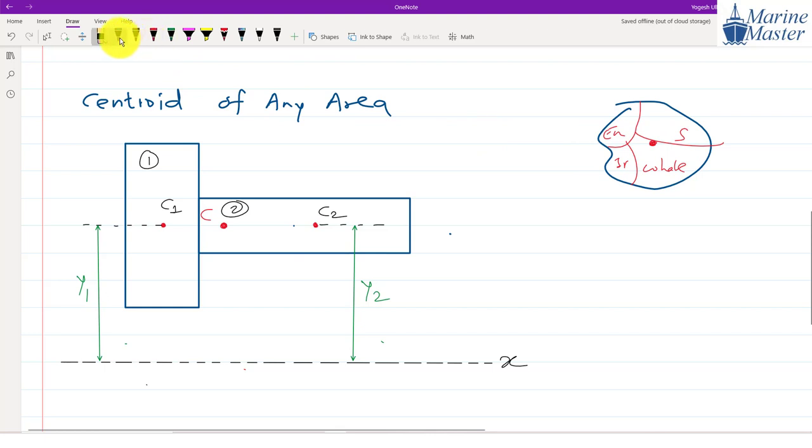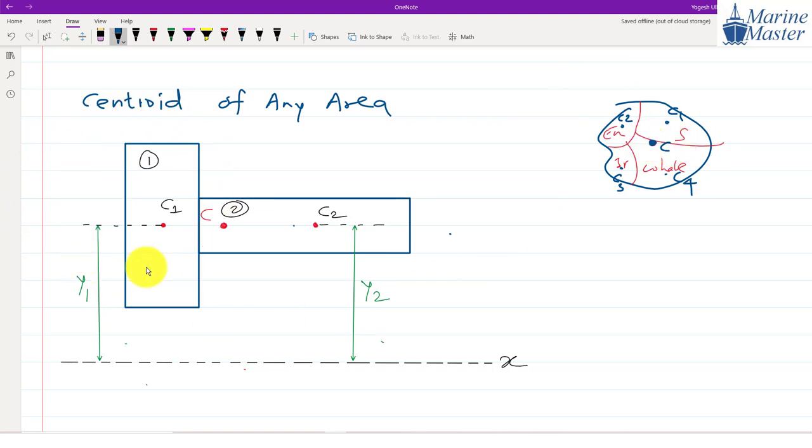Now try to understand the scenario, guys. Scotland centroid C1, England centroid C2, Ireland centroid C3, Wales centroid C4. And then the overall centroid will be somewhere here.